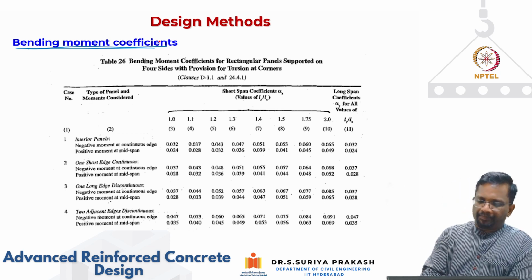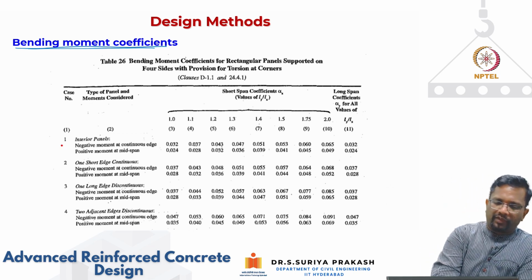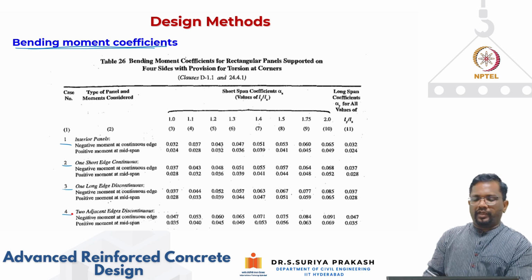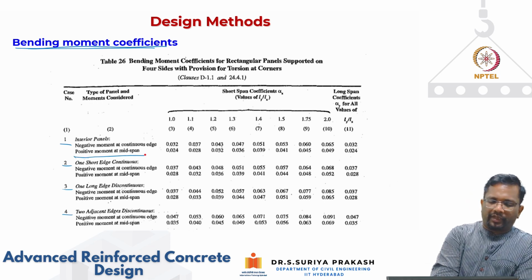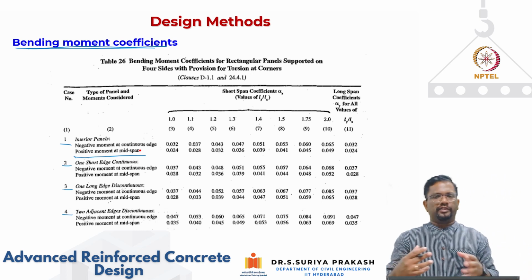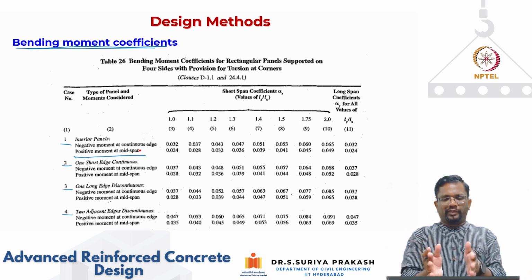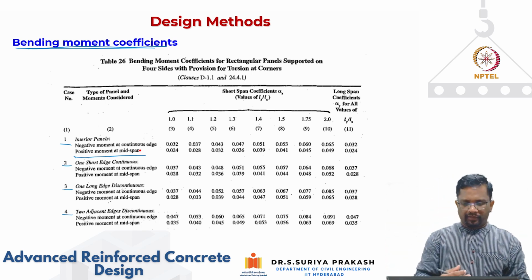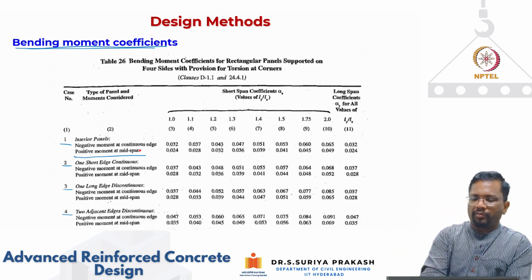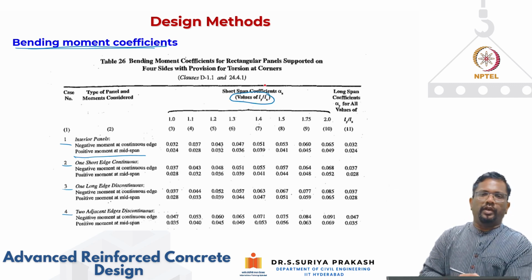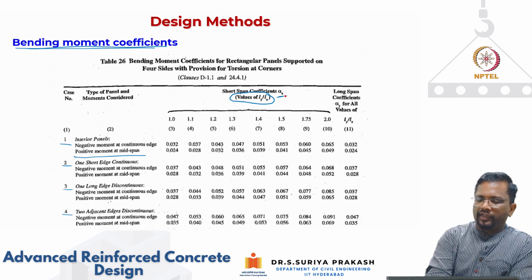Now, if you see in this table, we have different cases. The 9 boundary conditions that we have discussed in the previous slides are listed here, starting from the interior panel. Interior panel means all four edges are continuous. That means it is the interior part of the building, and on all four sides the slab is continuous. In this case, depending upon the ratio of longer to shorter span, Ly by Lx, these alpha x coefficients are given.